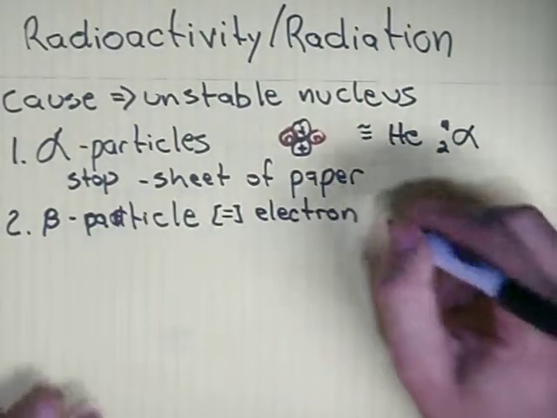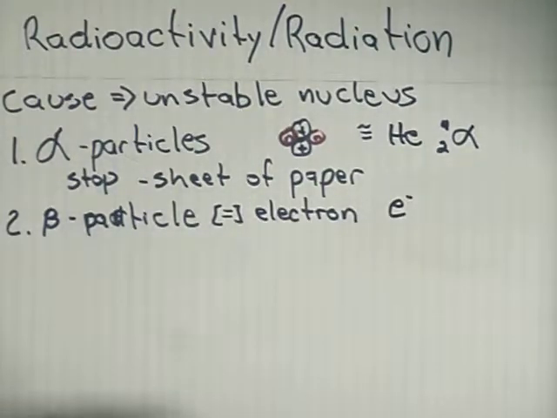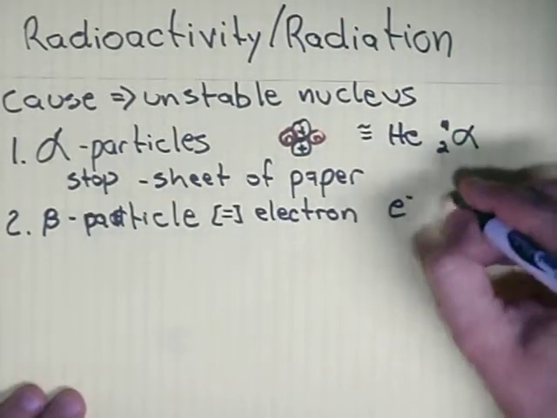And so when we write it, you normally would see it written with an e with a negative, indicating that that's what's being kicked out. You will also see it written as this.